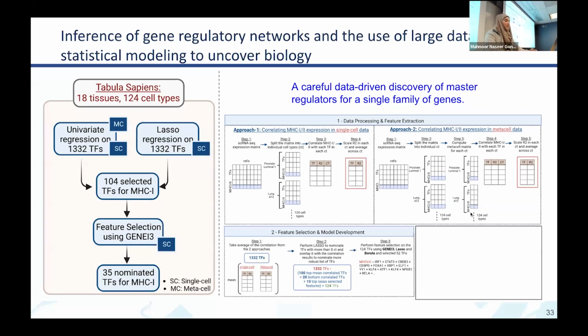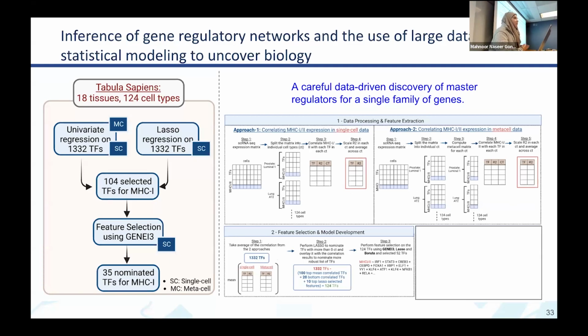The first thing that we do with both of these matrices, this one from single cell and this one from meta cell, is we combine them using averages. So just average the correlation coefficients between these two matrices and leave it aside. Then in a completely new scenario, you use lasso. Lasso is a way to nominate features, and it handles sparsity much better than simple correlation.